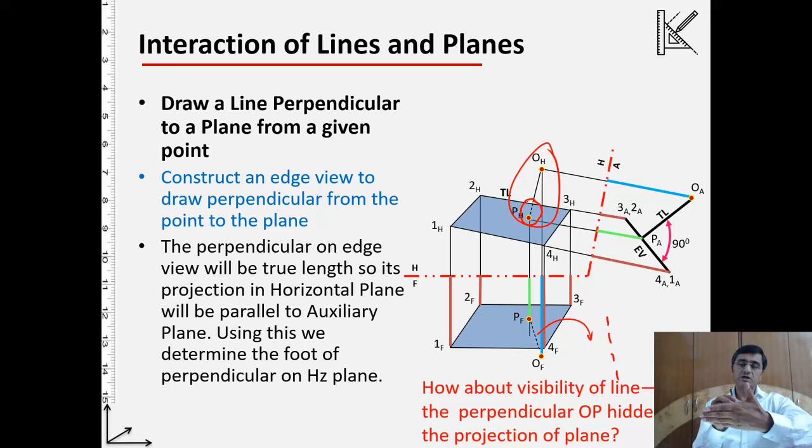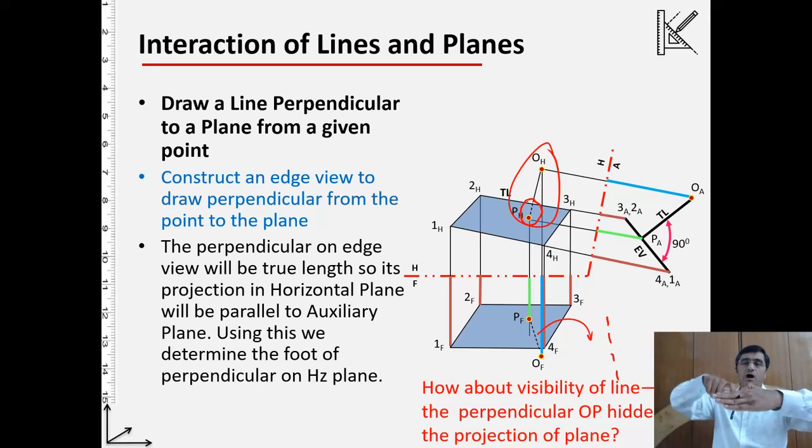Now the same thing, if I see it from the top, I can see the line and I can see the plane. Or if the case is something like this, I'm inclining it this way and the foot of the perpendicular is going down like this.